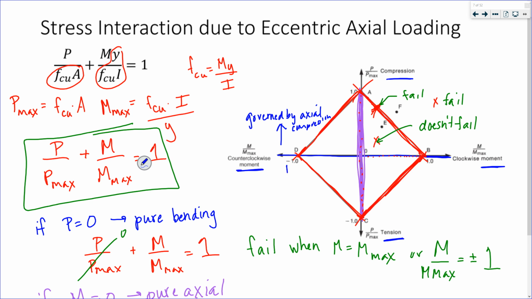If you go P negative, now you're governed by axial tension.